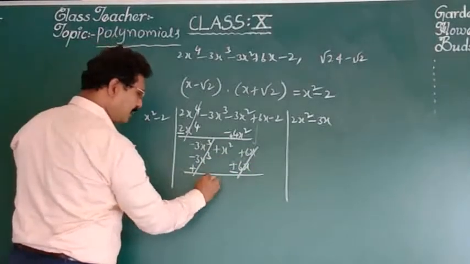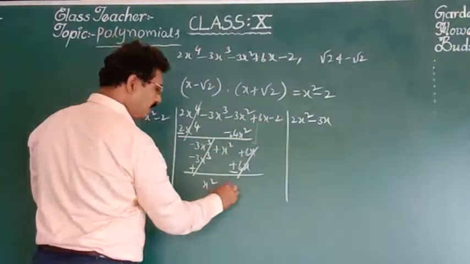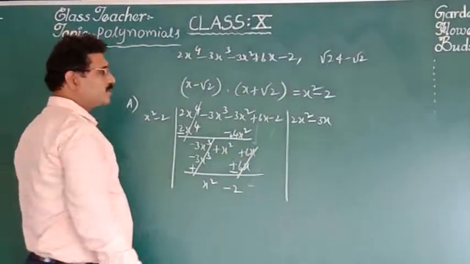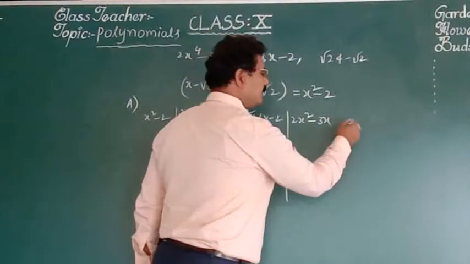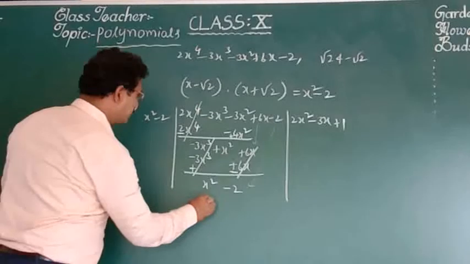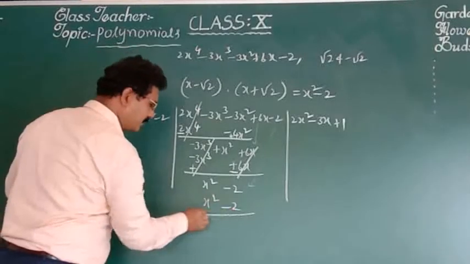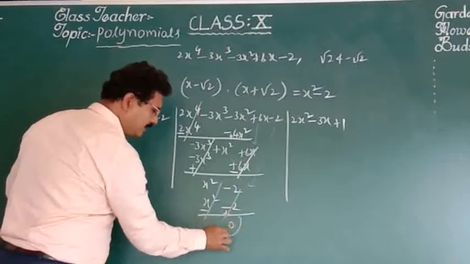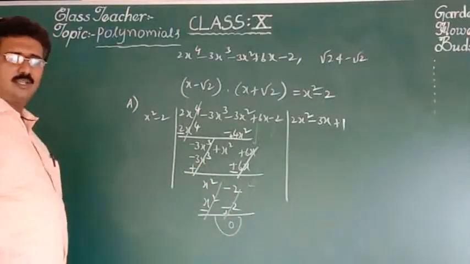What is remaining? x square, and bring down minus 2. Now x square minus 2 is there, so it becomes plus 1. x square into 1 is x square, minus 2 into 1 is minus 2. Minus becomes plus, everything cancels, so the remainder is 0.